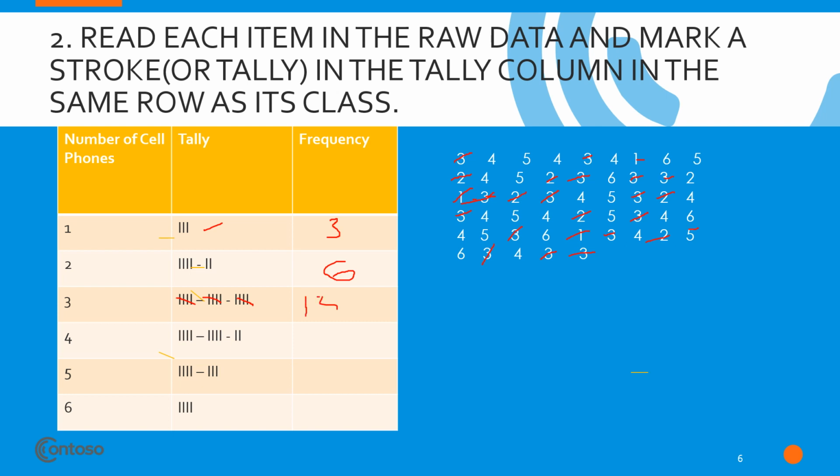Next, for 4, we have 1, 2, 3, 4, 5, 6, 7, 8, 9, 10, 11, 12. So there are 12.